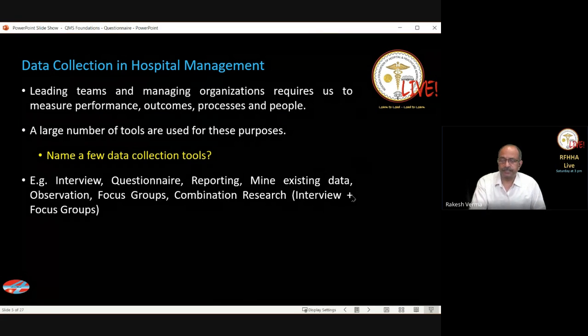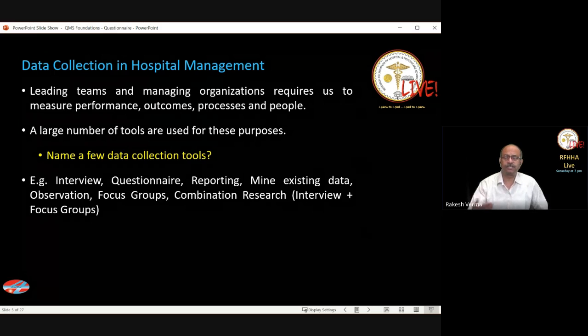So let us look at the data collection tools that we can deploy when we collect data for any purpose. We can do an interview and note down the answers that we get from interviewing a person or a group of people. We can use a questionnaire, and we will discuss that tool today. We can also have a reporting system.